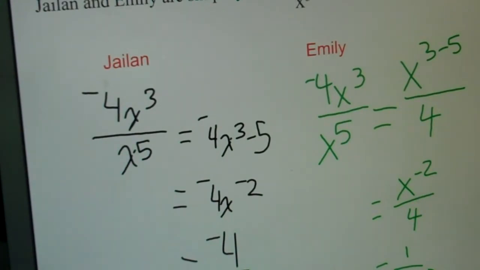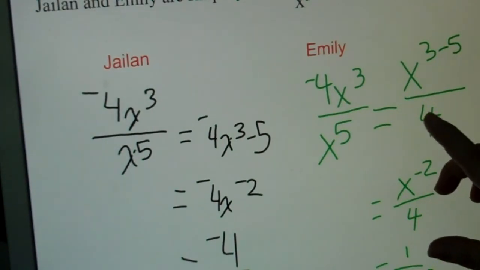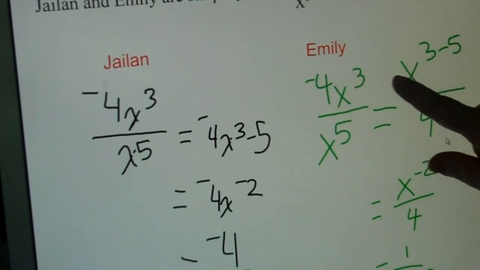Let's check and see what Emily did. Here we go. Negative 4, x to the third. She's got that 3 minus 5 there, but why did she take her 4 into the denominator? A negative number is very different from a number that's raised to a negative exponent.